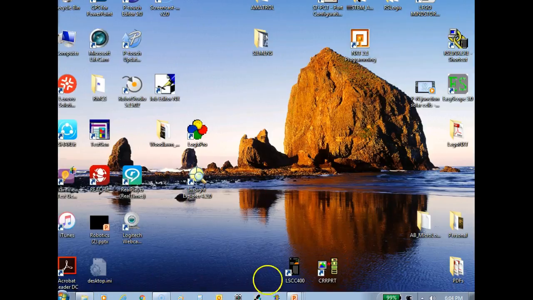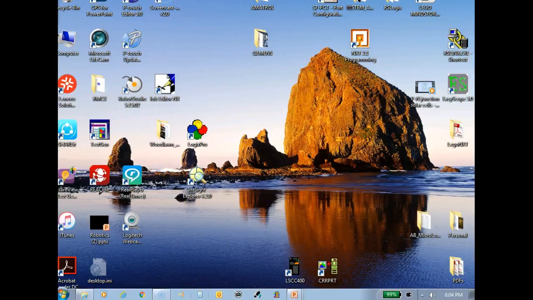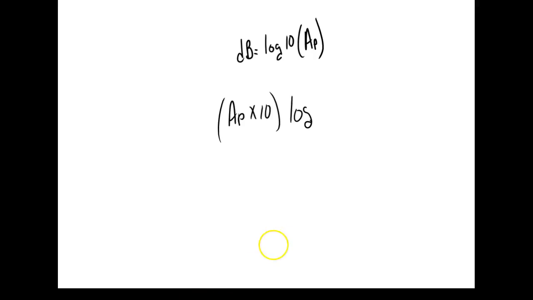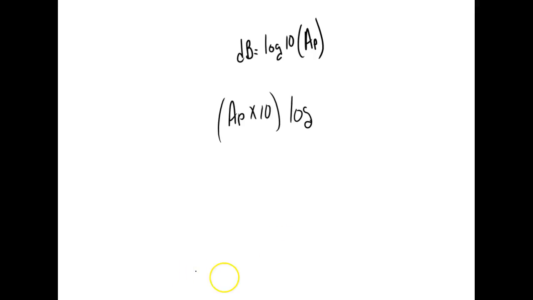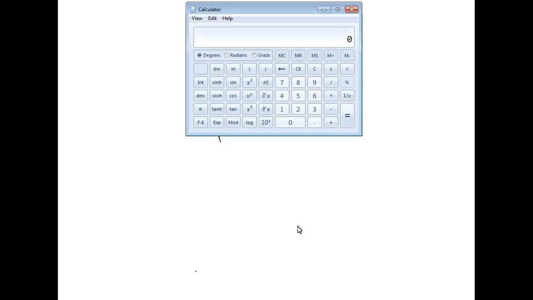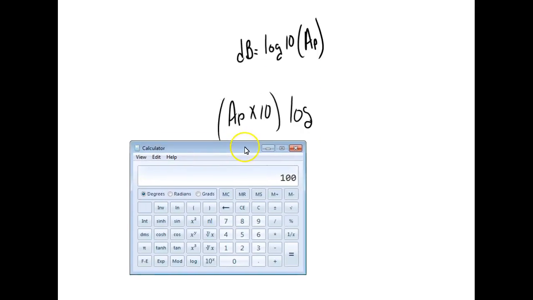I didn't say whether it was power gain or not, but if I got a power gain of 100, log 10, I'm sorry. Oh, this is not right. That's backwards. So I've said this wrong.